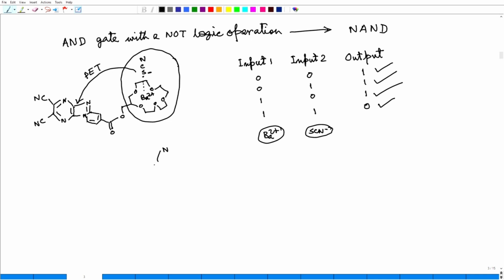So, there are many other logic gates. We have realized, I did not bring it here, but we have realized NOR, our cryptand. If you recall our cryptand, which one? This one. This was our cryptand and fluorophore.